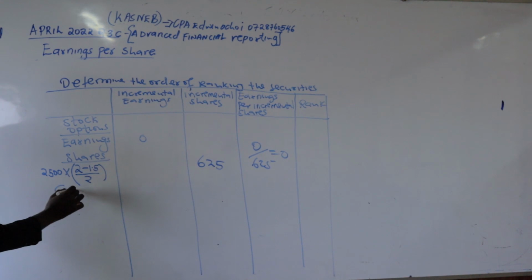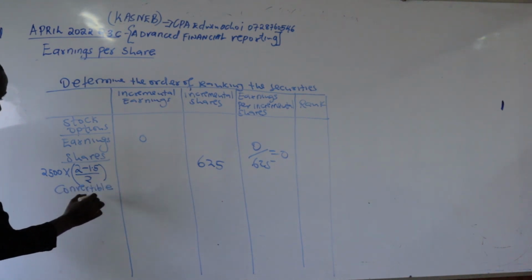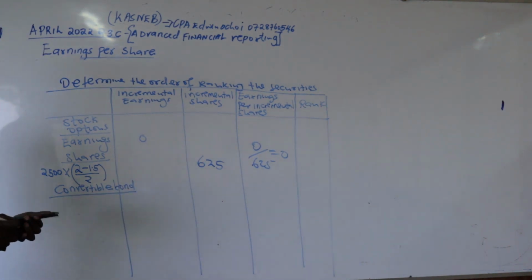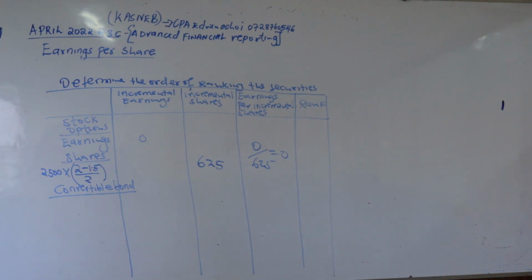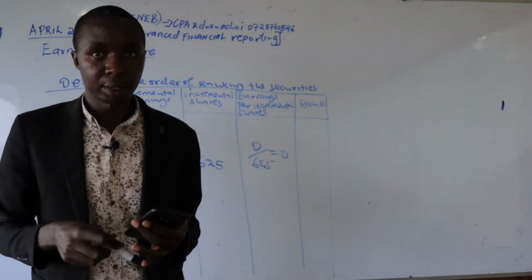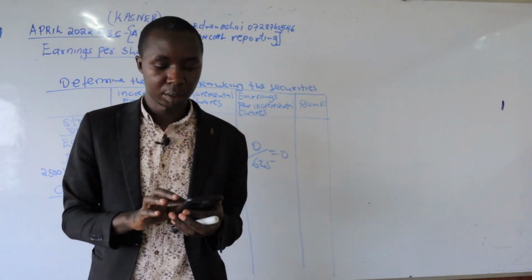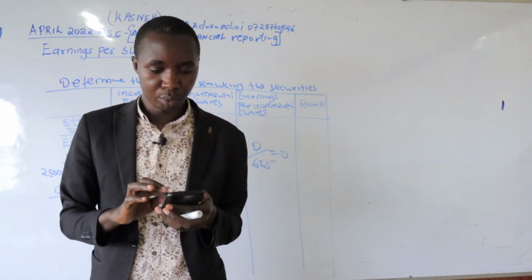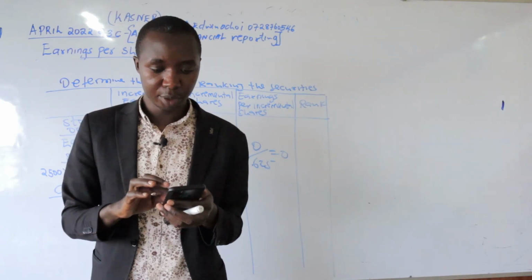Then the next thing we talk about is the convertible bond. Remember that again we need to understand how to deal with the convertible bond. What are you supposed to do with the convertible bond under diluted earnings per share?